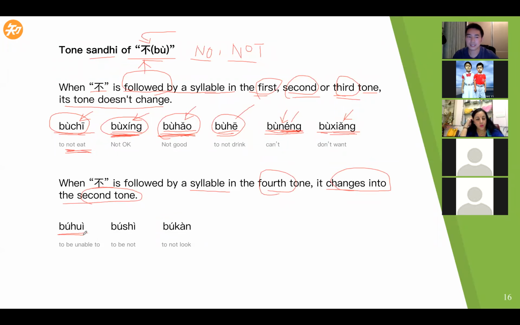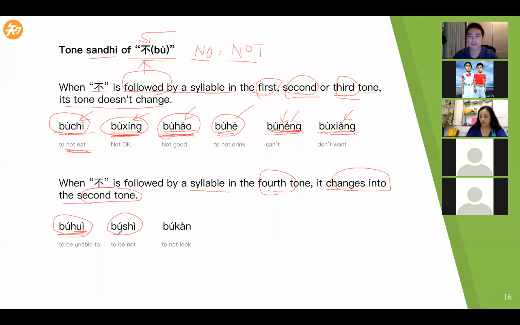The second tone, 不. 不会. Yes, 不会. 会. 不会. Yes, read out to me. 不会. 不会. Good.